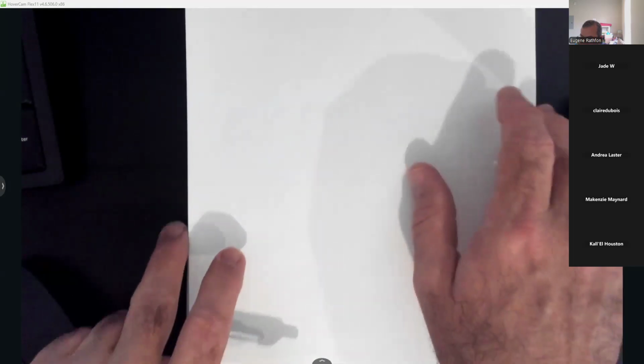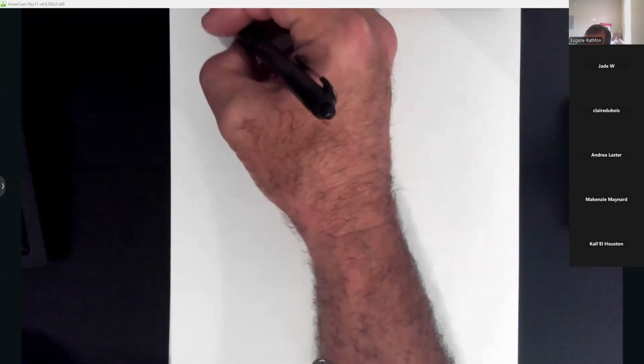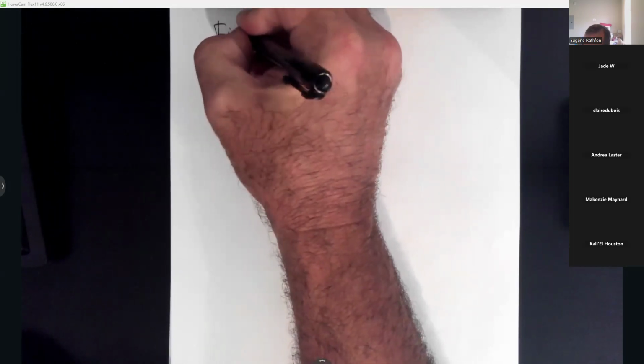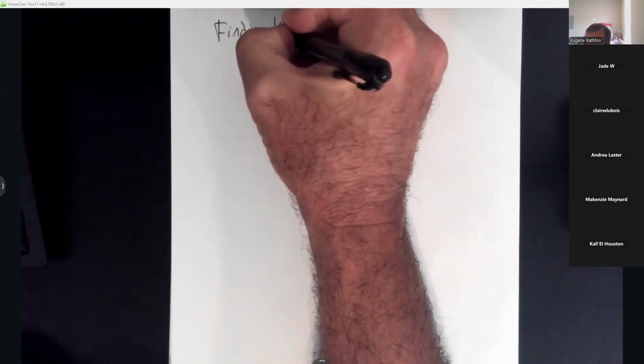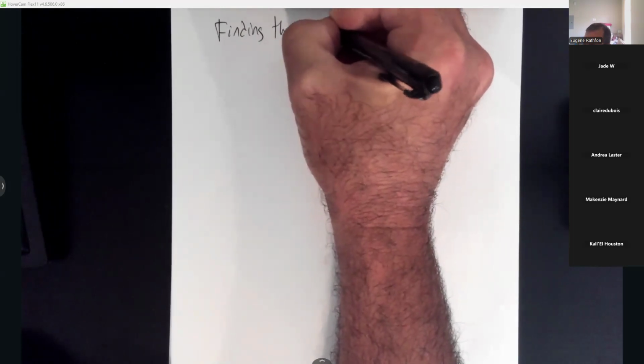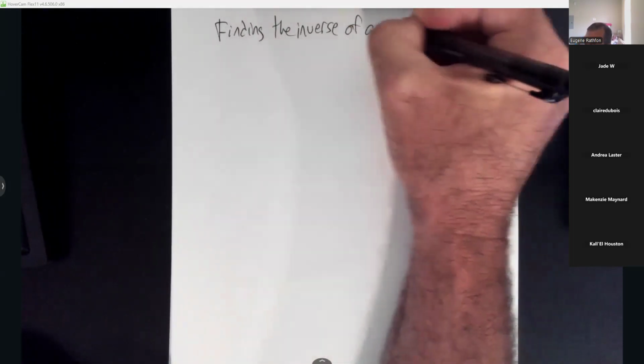All right, y'all, so we're in here to deal with functions. So what we got to do is find an inverse for a function. Okay, so finding the inverse of a function.